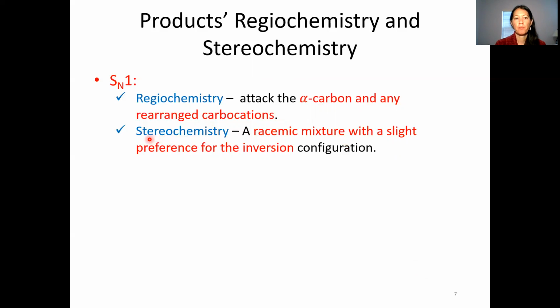That will happen. Stereochemistry: because you don't have that concerted mechanism exclusively from the backside in the trigonal bipyramidal transition state that you do for the SN2, this goes through the planar carbocation. So you do get a racemic mixture, but with a slight preference for inversion.